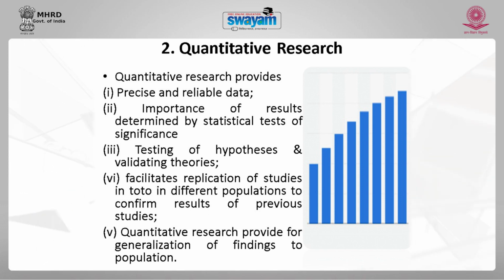There is also a very good way to look at the significance of these studies, because they facilitate replication of studies almost in toto in other sets of population to confirm results of previous studies. And quantitative research also provides for generalization of findings to population.